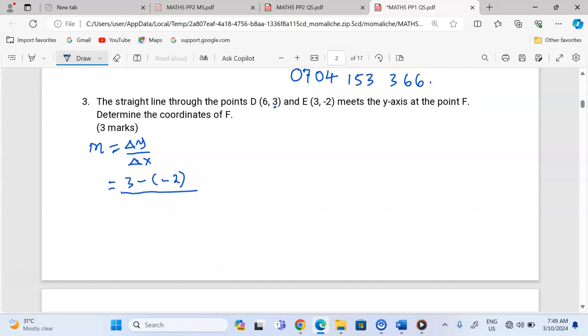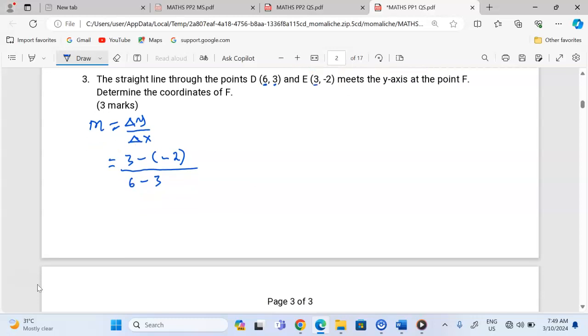Change in x will be 6 minus the other x, which is 3. So we're going to have the gradient: 3 minus -2 becomes 3 plus 2, which is 5, out of 3. So 5 over 3 is the gradient.